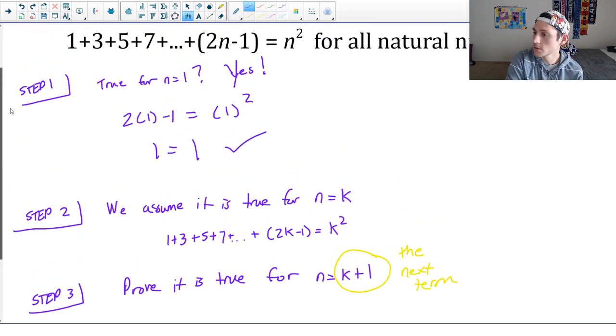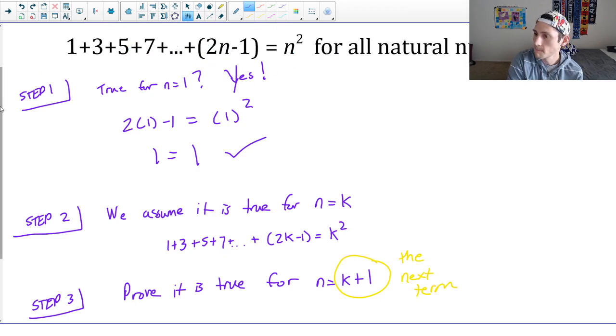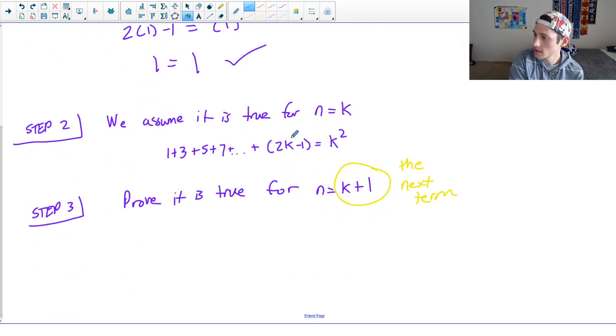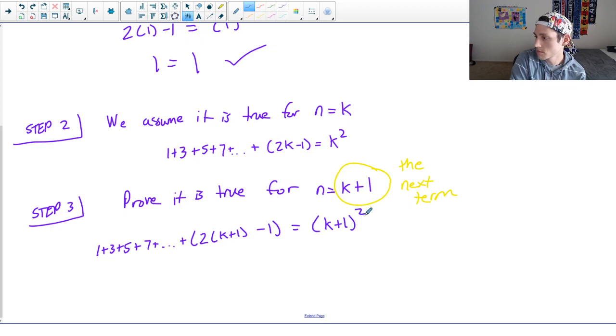So what we're going to do is take our formula here, and now, here we plugged in k, now I'm going to plug in k plus 1. So 1 plus 3 plus 5 plus 7, all the way up to 2, but instead of n, I'm plugging in k plus 1. And then instead of n squared, I have k plus 1 squared.